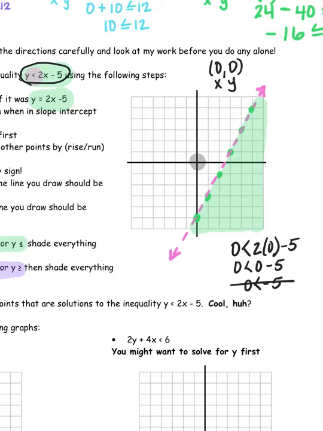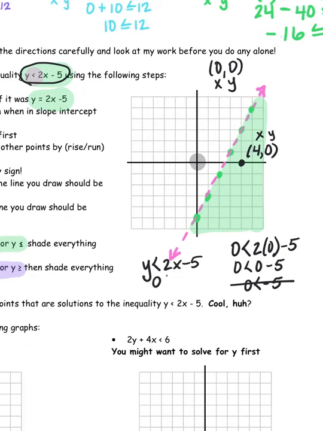Now, if I look at a point within my shaded region, let's look at this point here. It's 4, 0. My x and my y, 4, 0. Let's plug that into my inequality. Y is less than 2x minus 5.